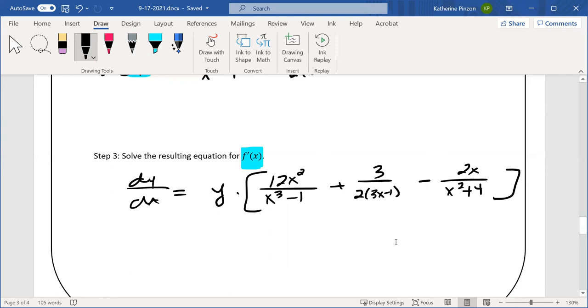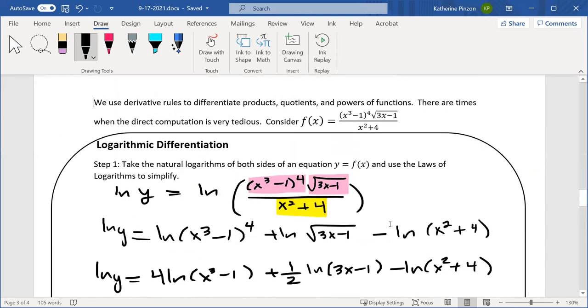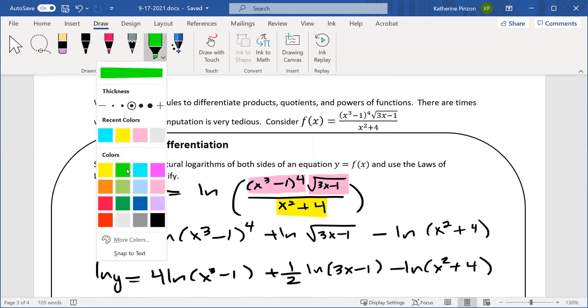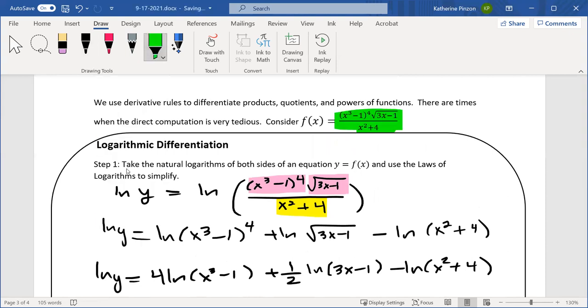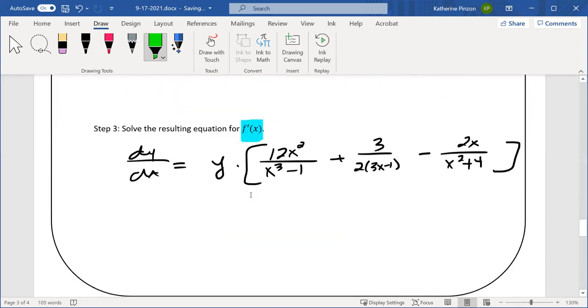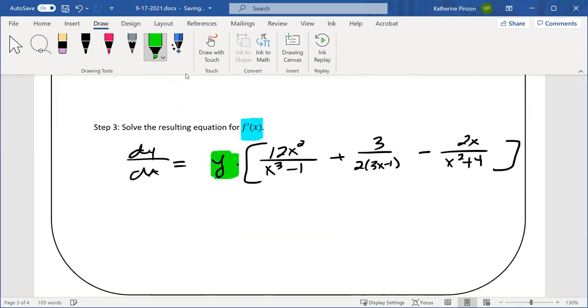The original equation. I could go way back up here to the original equation that I started with and replace that for my y. So I'm going to take this piece, this x cubed minus 1 to the 4th, square root 3x minus 1, x squared plus 4, and replace it with this y.